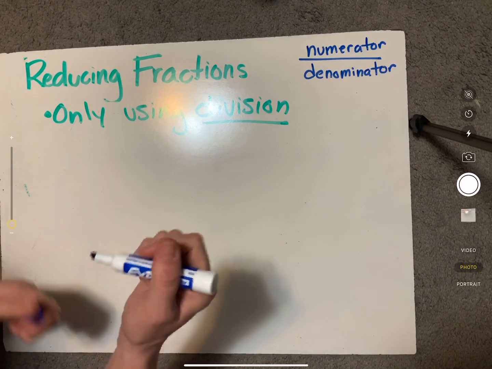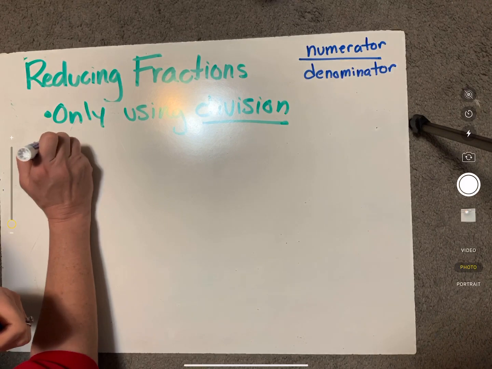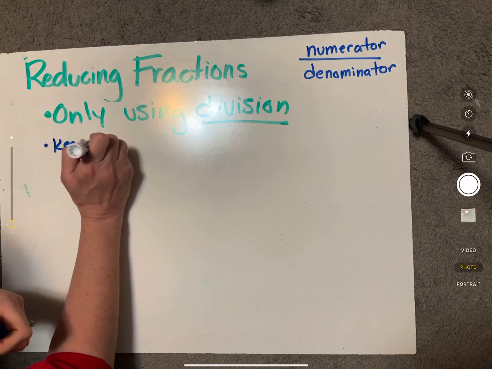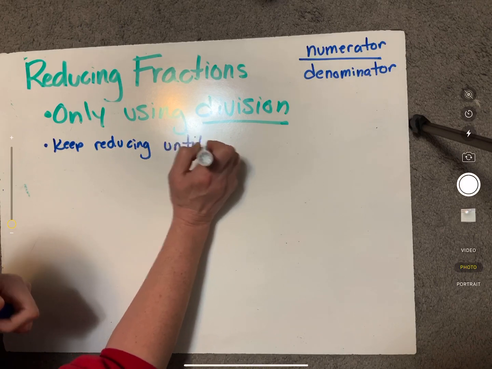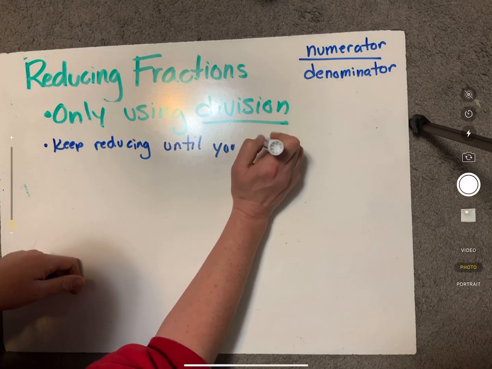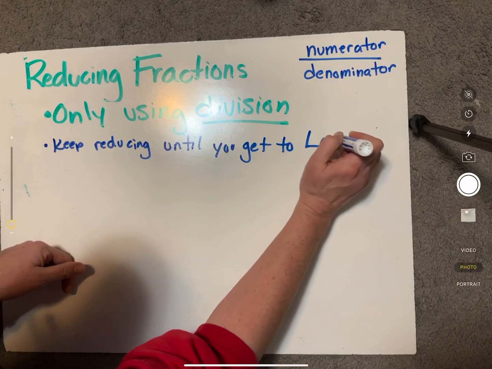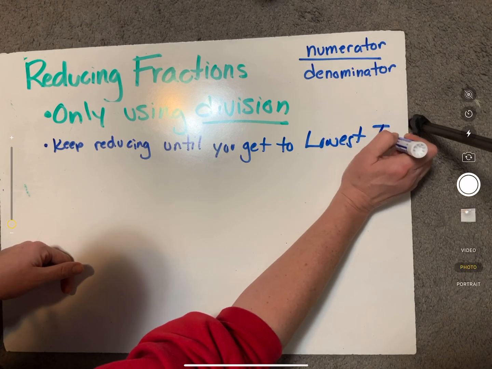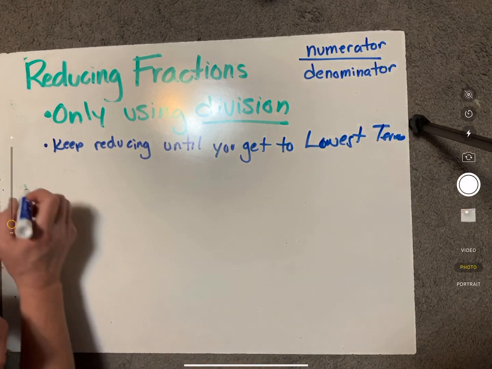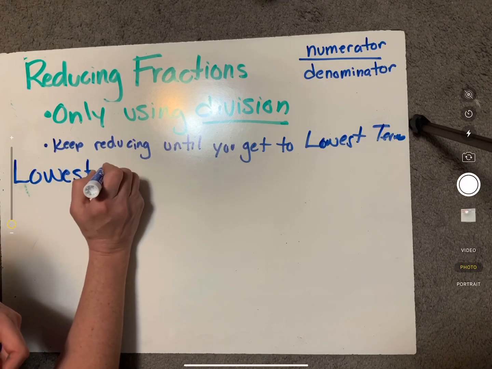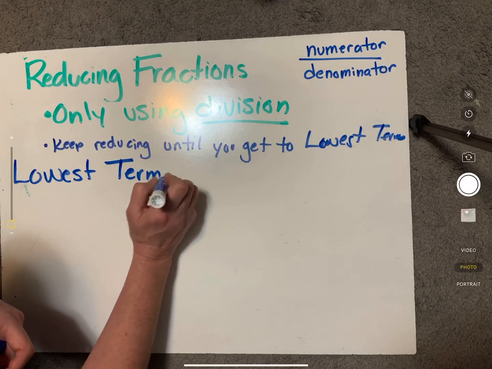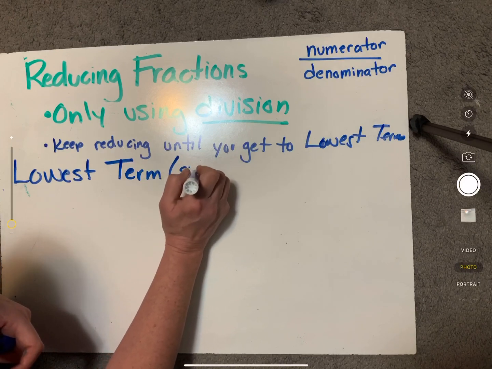So lowest terms, so this is the other part: keep reducing until you get to lowest terms. So what in the world are lowest terms, or simplest form is the other term for this.